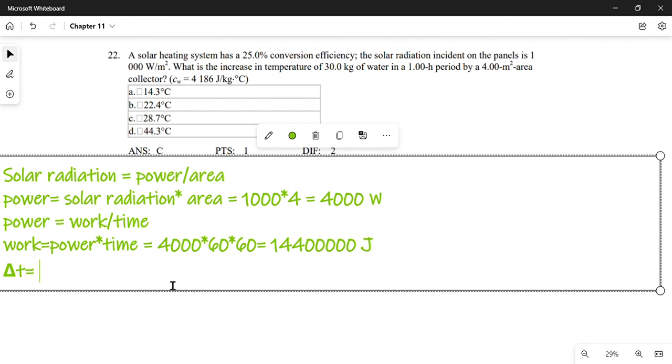Equals Q over the specific heat capacity times the mass, equal to this big number over the specific heat capacity, which is 4,186, times the mass, which is 30 kilograms.